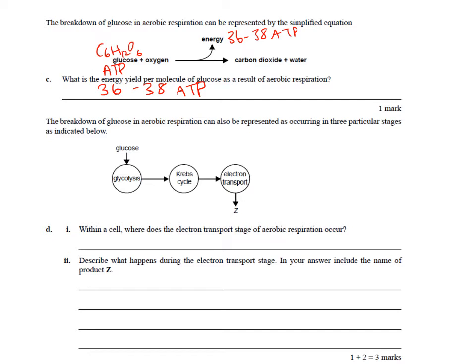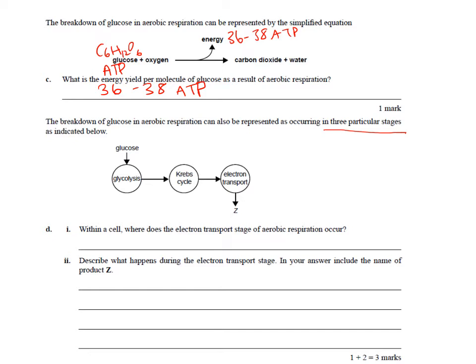The next part, the breakdown of glucose in aerobic respiration can also be represented as occurring in 3 particular stages. Okay, and we've just gone through these: glycolysis, the Krebs cycle, and the electron transport chain. The first question, within a cell, where does the electron transport stage occur?